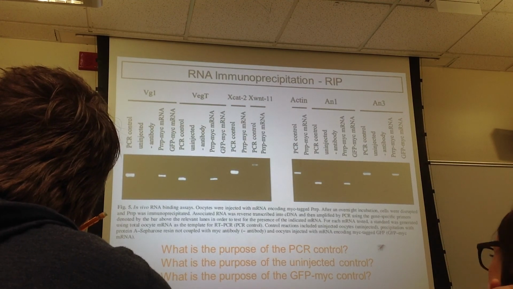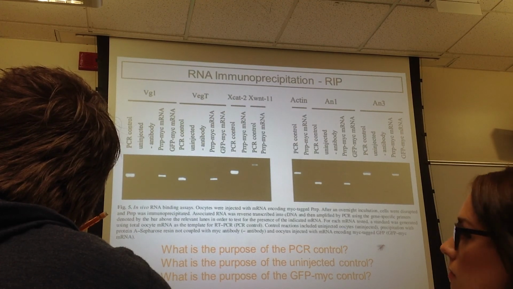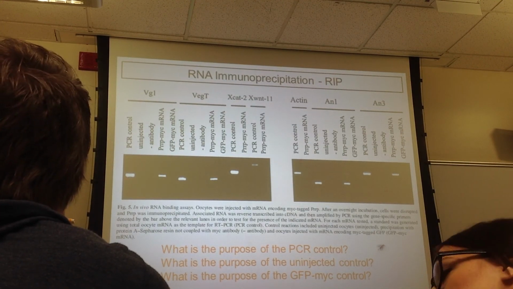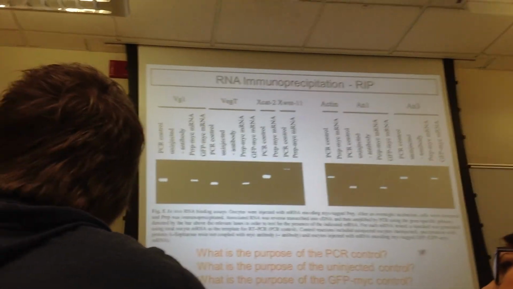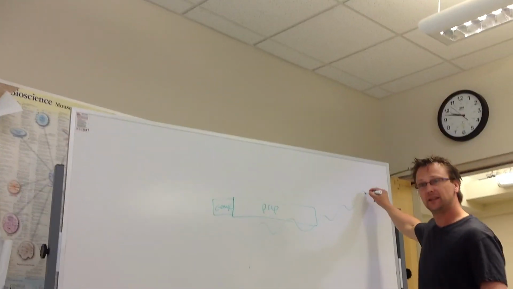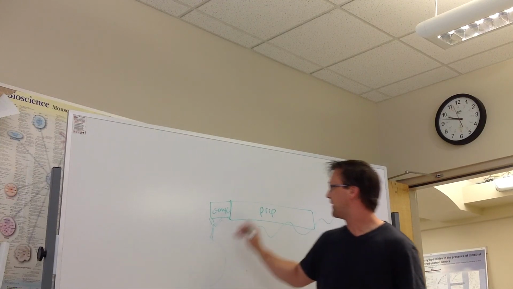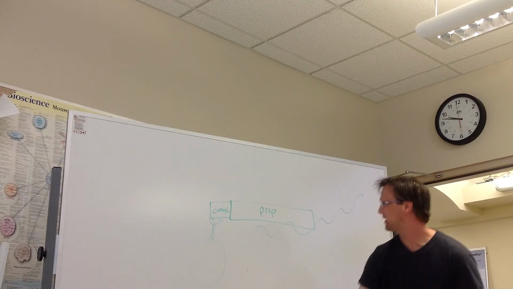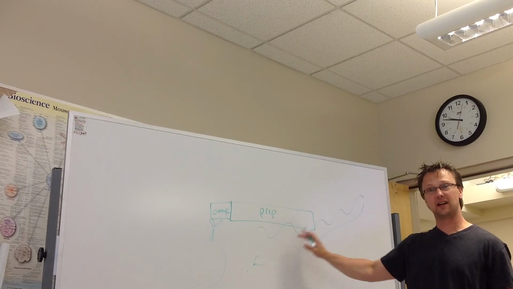And this is a common thing that you can buy antibodies against. So this mRNA was injected into these cells, and so it made this protein with this PRRP and this c-Myc. And this PRRP bound to the RNA, use antibodies against the c-Myc to immunoprecipitate this, and then you do RT-PCR on the RNA to identify it.